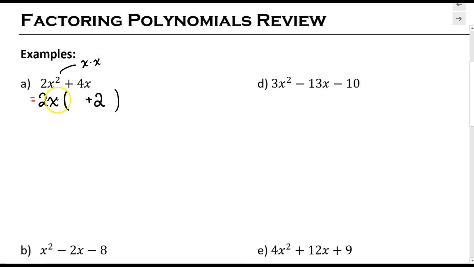So if we're taking 1 out of there, we are left with a single x. So remember, 2 divided by 2 is 1. Now we're left with only a single x, so it's going to be just that. We are left with no x's if we've taken out 1. So it's just going to be 2 left in our second term, and now I am finished. There's nothing else I can do. So that's my final answer for example A.